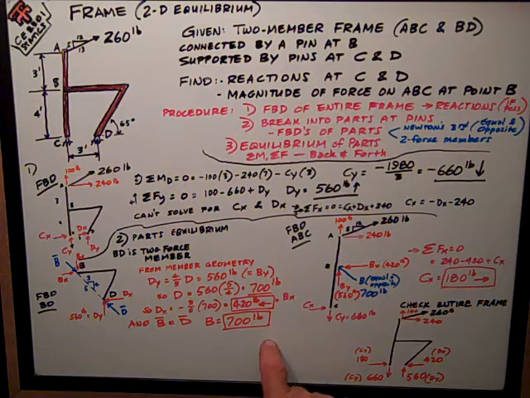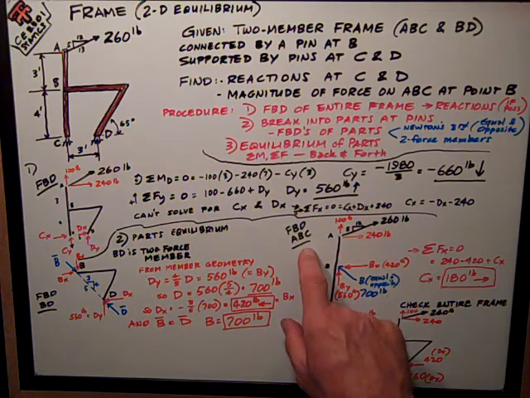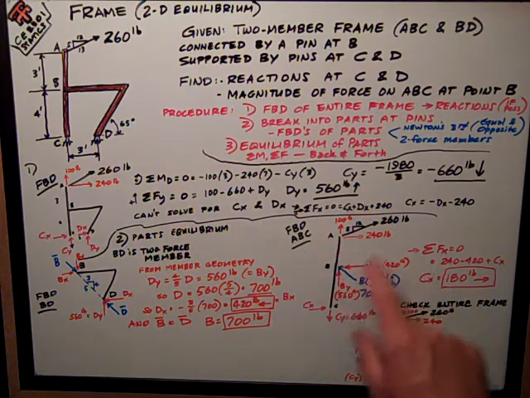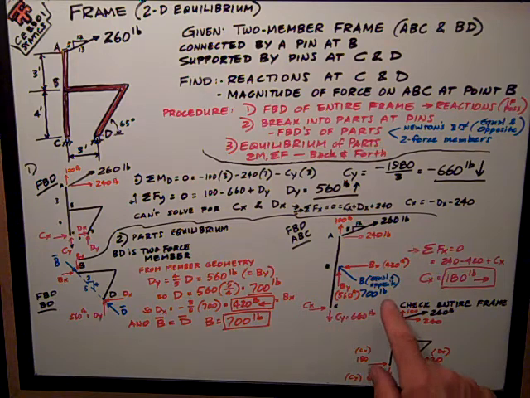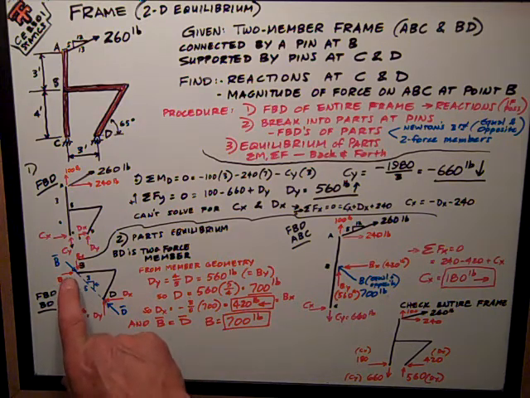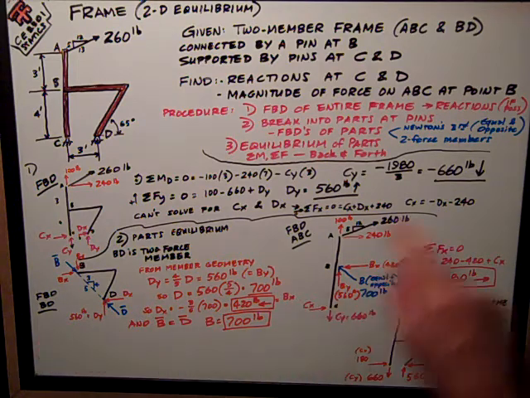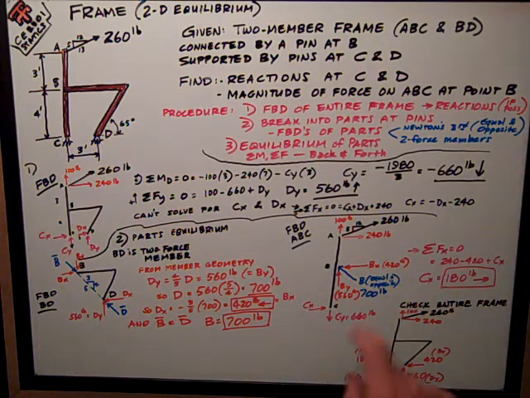Now I need to finish up and solve for my reactions at CX and DX. I go to a free body diagram of member ABC. Here's the applied forces. I figured out that B has to be in this direction, down and to the right at point B on member BD. Therefore, it has to be equal and opposite, going by Newton's third law, on member ABC.